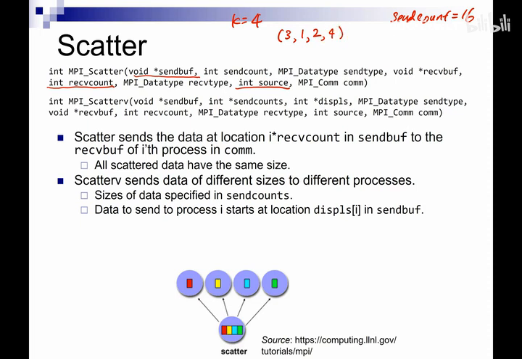In order to do that, I'm going to use the operation called MPI scatter v. The scatter v operation lets me specify how many values I send to each other process.